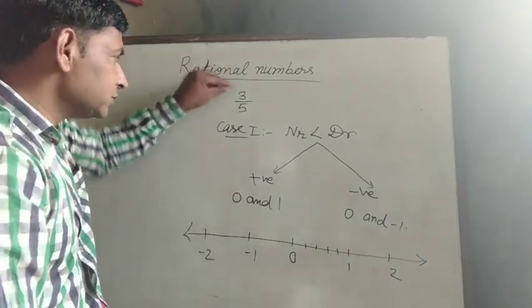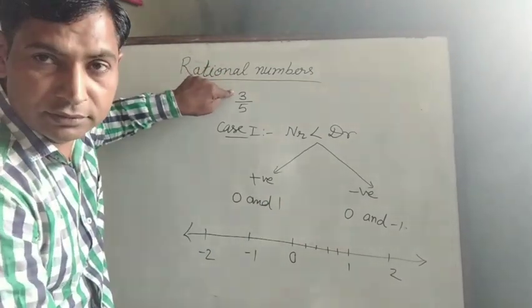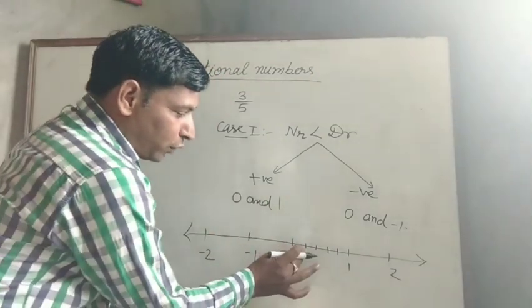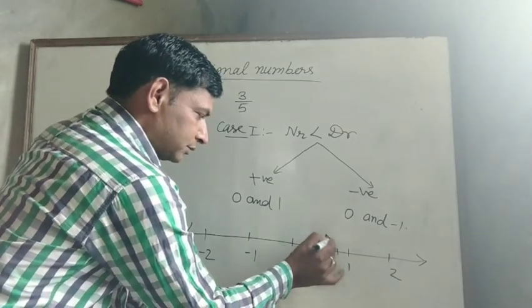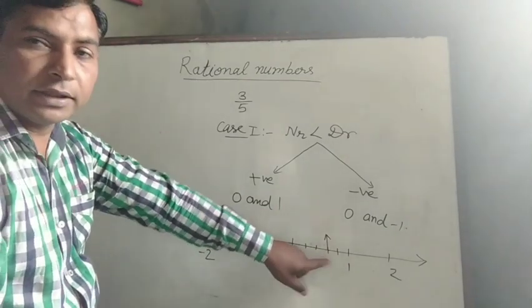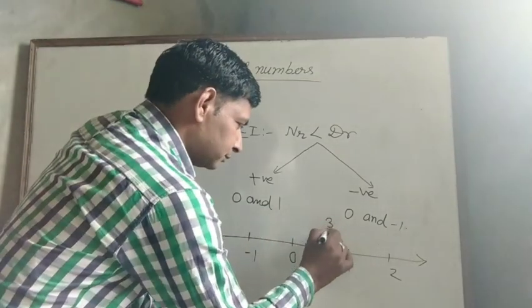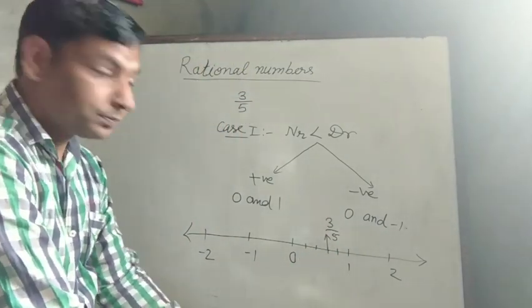And we take the third one: 1, 2, 3. This represents 3 upon 5. Understood?